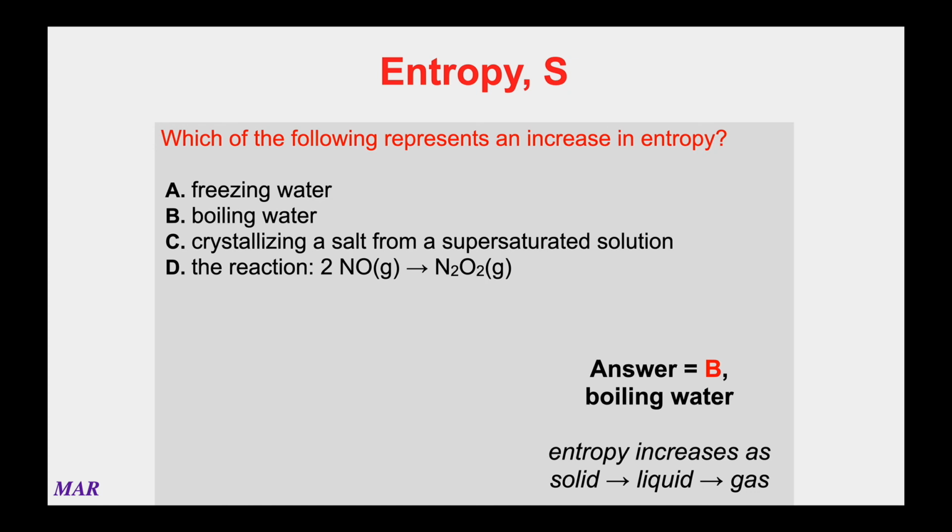Two molecules to one molecule is becoming more ordered. You can think about that like cleaning up your room. Two pieces to one piece: matter was being distributed and dispersed, and now it's very concentrated. That's also not going to be entropy favored. It's not going to be an increase in entropy.